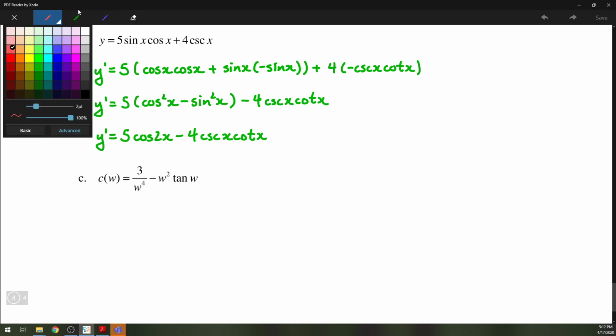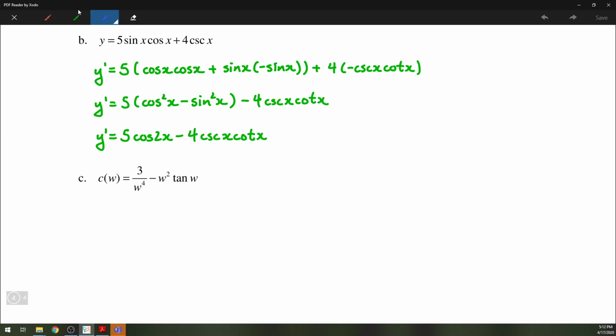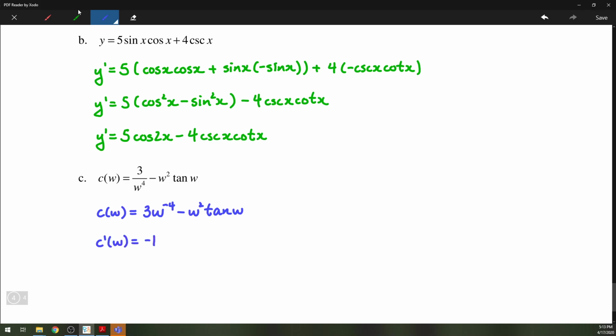So one more. Okay, so it's best to rewrite the function. So we have 3 w to the negative 4 and w squared tangent w. So we can apply the power rule easier. We don't want to use the quotient rule here because that will be too much work. So the derivative of this one will be negative 12 w to the negative 5th power. And then the second piece here, the w squared tan w, you can use the product rule.